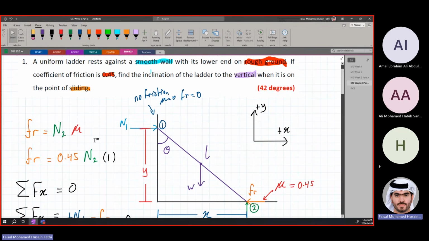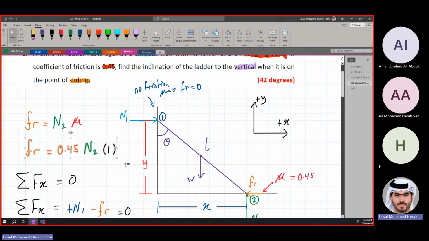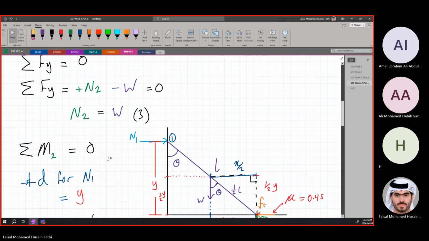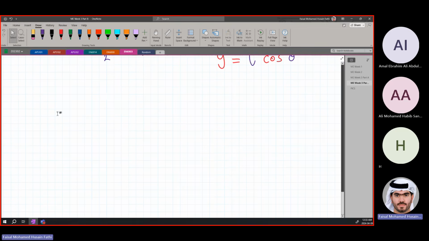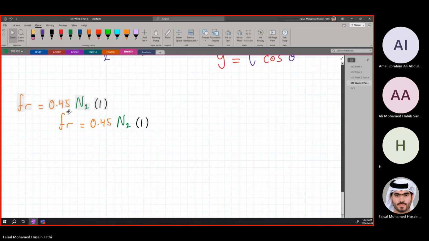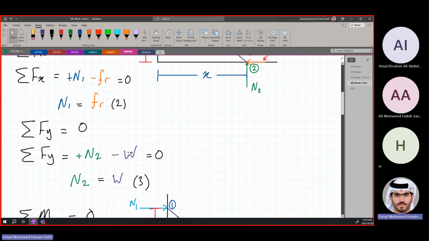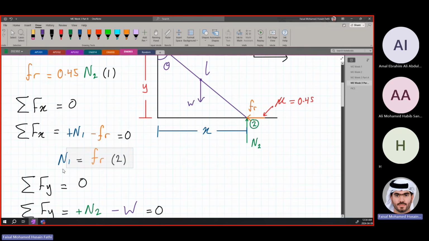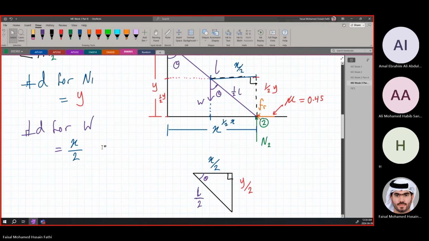So if I just bring all my equations back now and compile them all together, we can start solving. So let's bring this equation down here. This is equation 1. Let's look at equation 2, which was this, N1 is equal to FR.